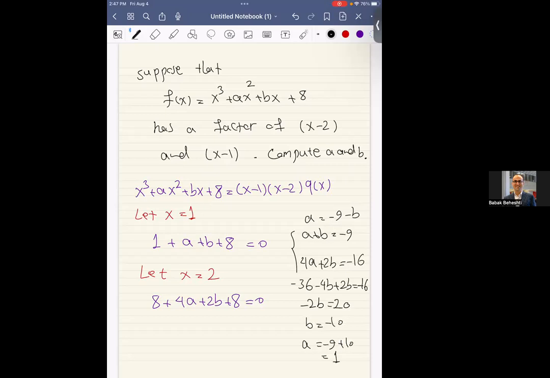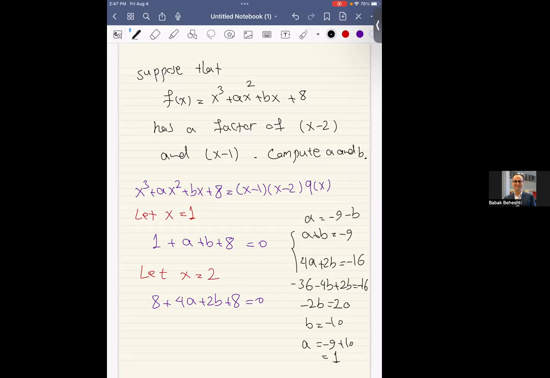But here, actually, let me ask you this question. First, is this clear so far? Can you tell me what is Q of X? Because Q of X is now easy to find. Here you have a cubic equation, right?